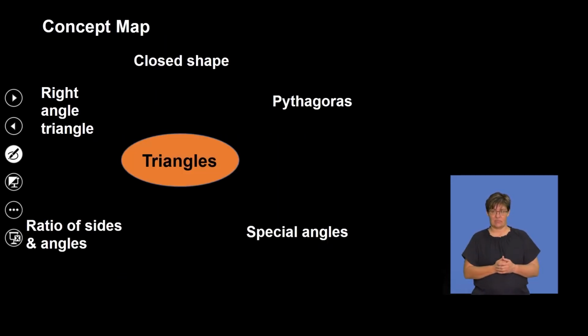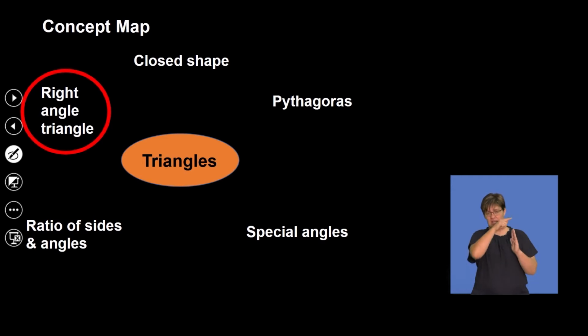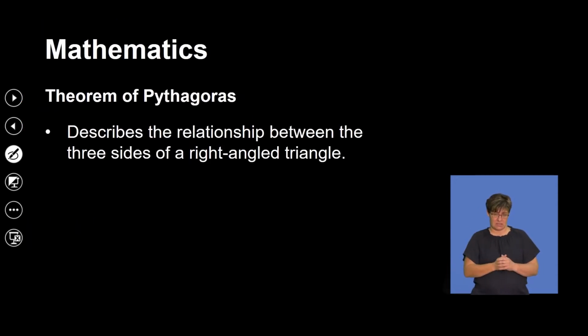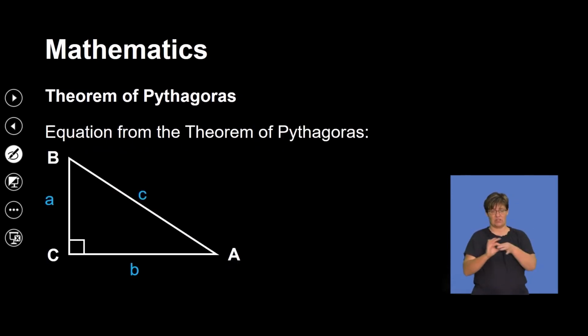And then, so far we've looked at the right-angled triangle. In a right-angled triangle, only if it is a right-angled triangle can we then look at what we call the Theorem of Pythagoras, which I just shortened as Pythagoras. The Theorem of Pythagoras describes the relationship between the three sides of a right-angled triangle. Specifically, there's an equation that shows this relationship.